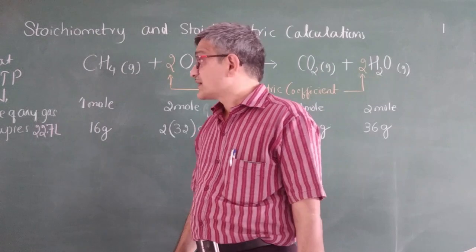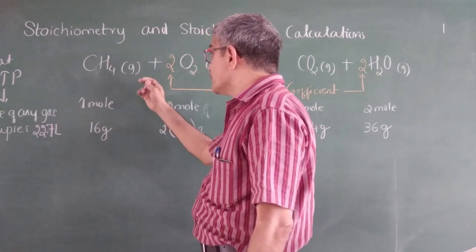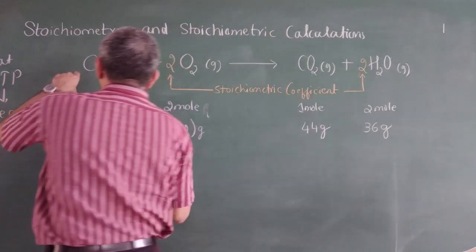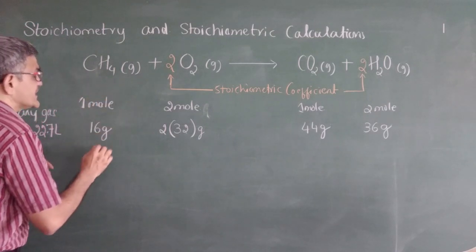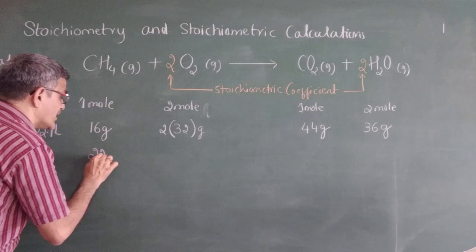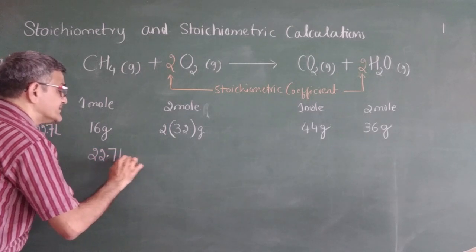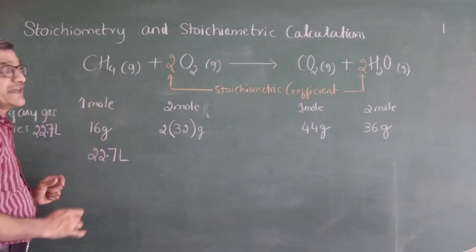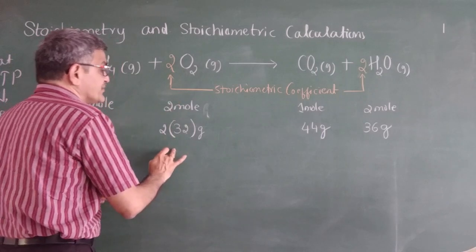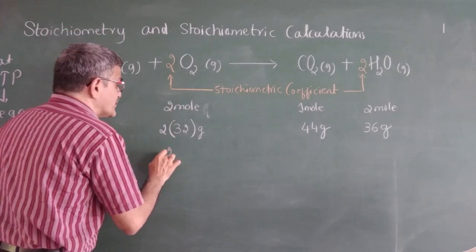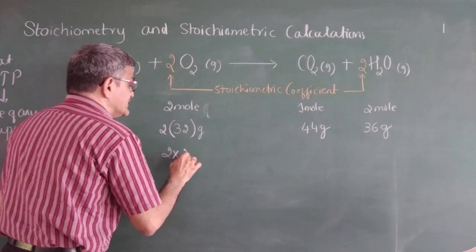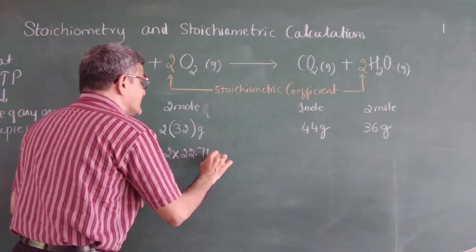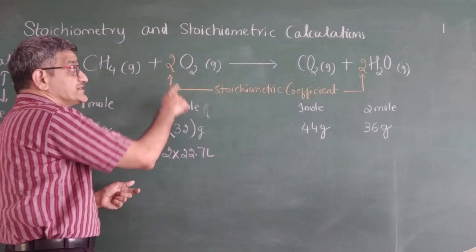Now here, 1 mole of methane means what? 22.7 liter of methane gas combines with 2 into 22.7 liter of oxygen.